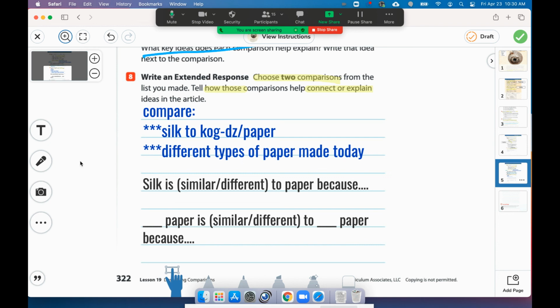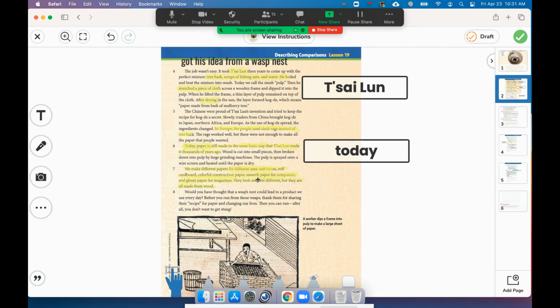So tell me how silk is the same or similar to paper, or tell me how it's different from paper. Tell me maybe how colored paper is similar or different from printer paper, or how it said glossy paper and colored paper. They gave us lots of examples in paragraph 7.